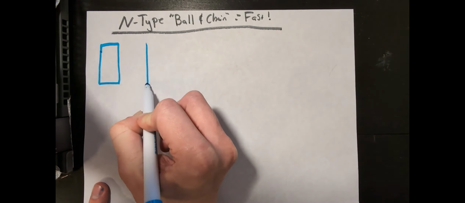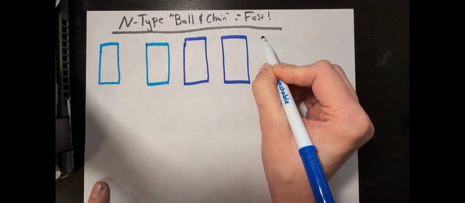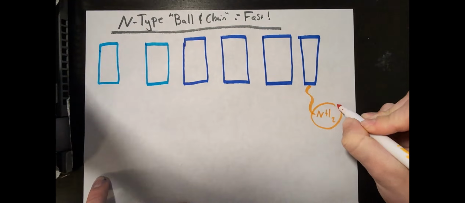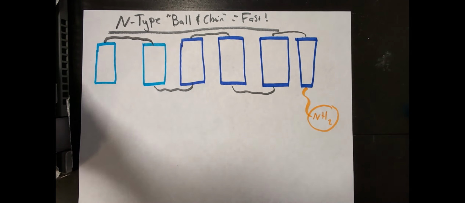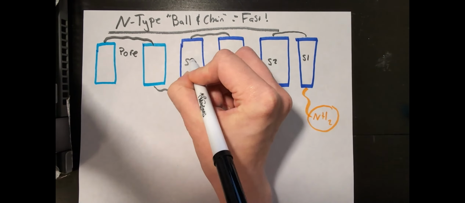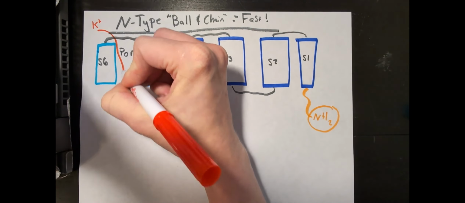It's very fast. So I'm just drawing our protein helices, all 6 of them, and I'm drawing our N-terminus at the end of our amino acid chain. And then there's our pore, and I'm just labeling our helices, 1 through 6.